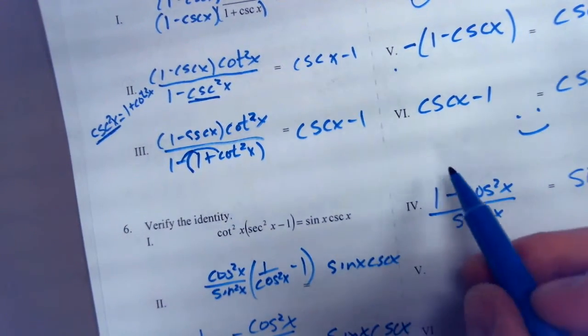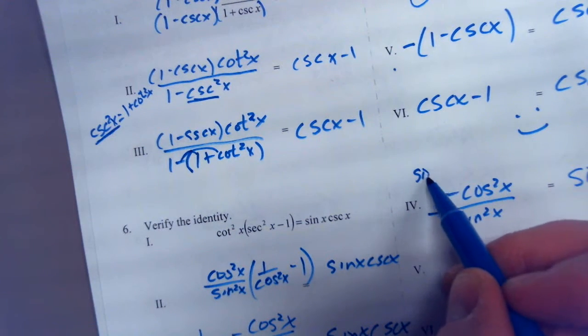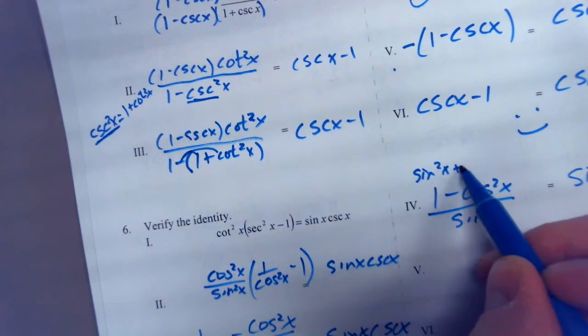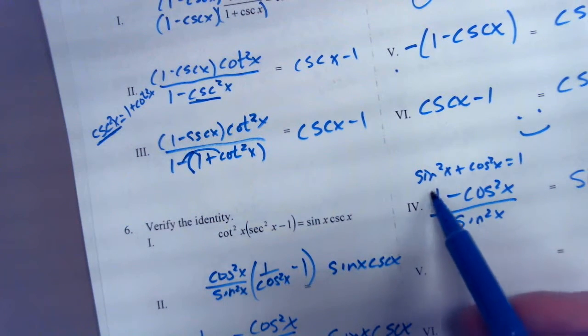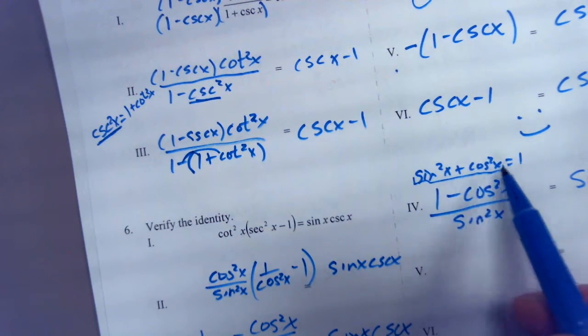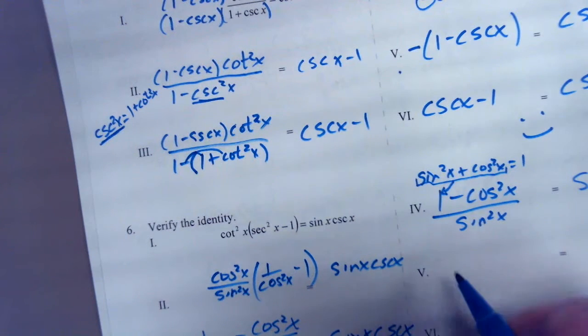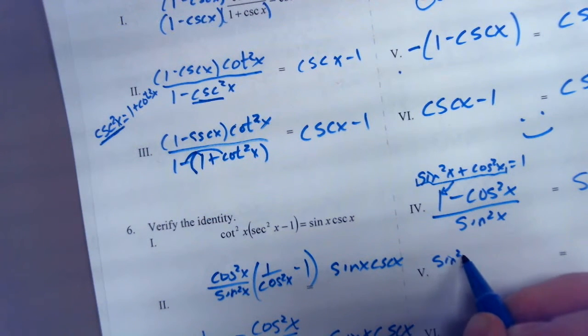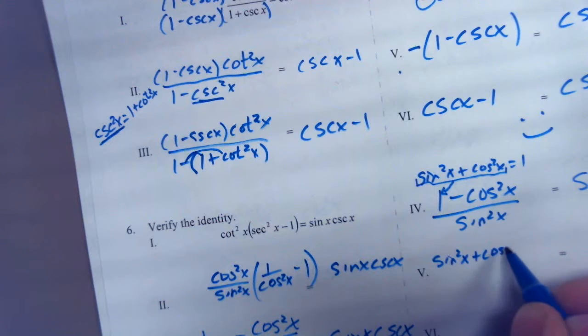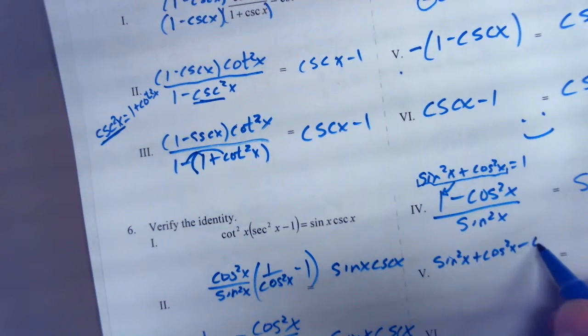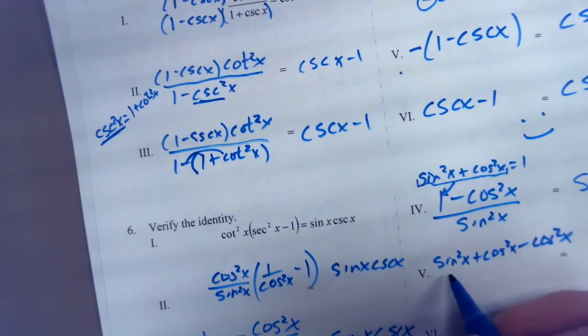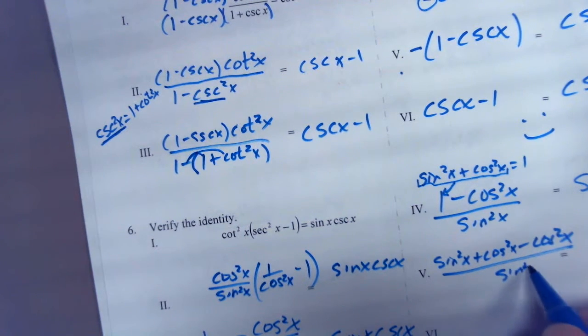And the identity sine squared x plus cosine squared x equals 1. I have a 1 here, so I'm going to put this in for the 1. And I'll have sine squared x plus cosine squared x minus the cosine squared that's already there, all over the sine squared x.